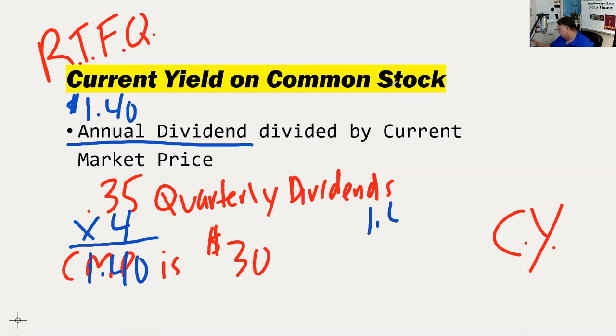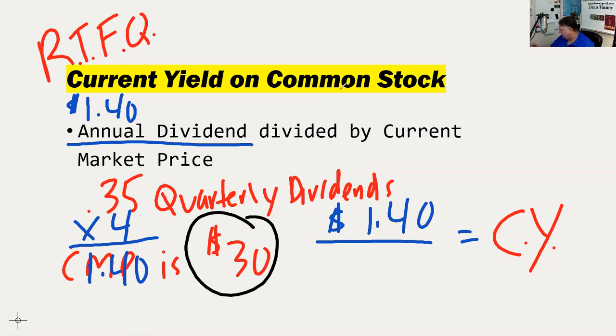So $1.40. I always think about current yield as what an investment pays me divided by what it costs me. What this stock pays me is $1.40, and what I paid to capture that $1.40 was $30, the current market price.